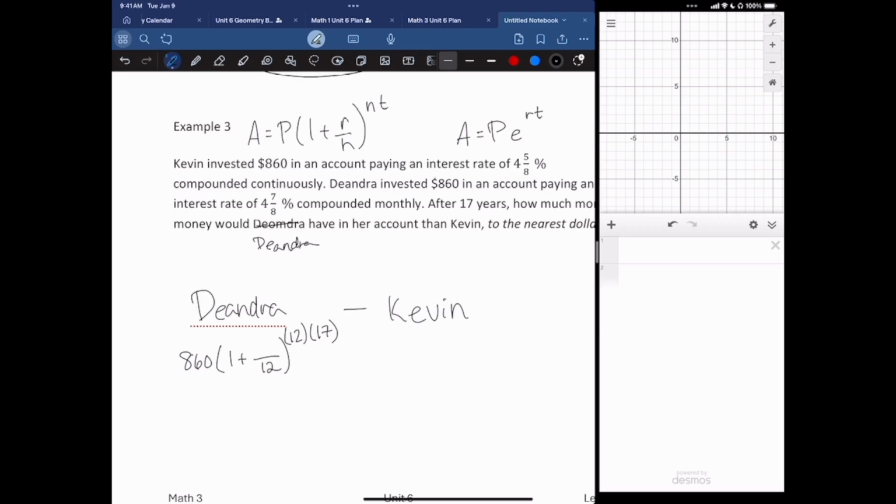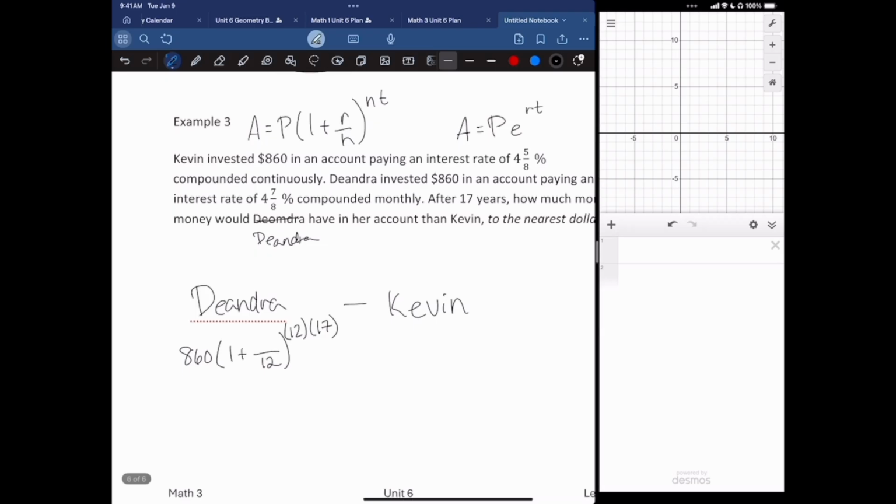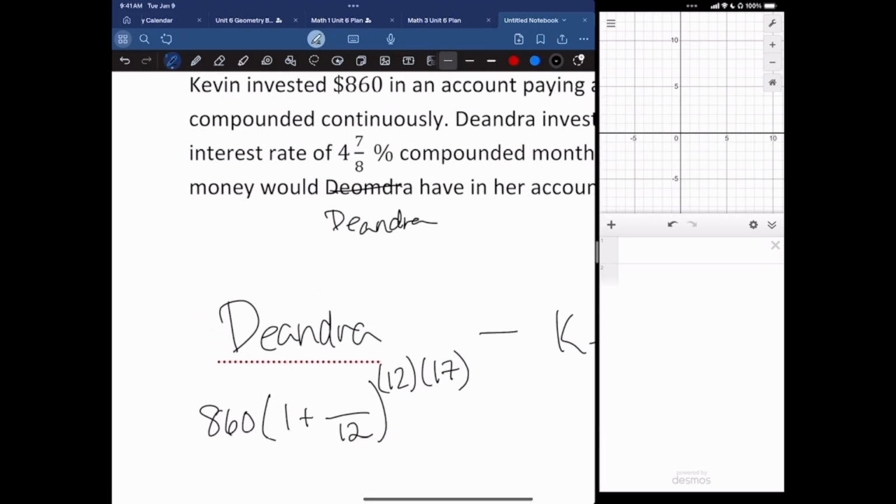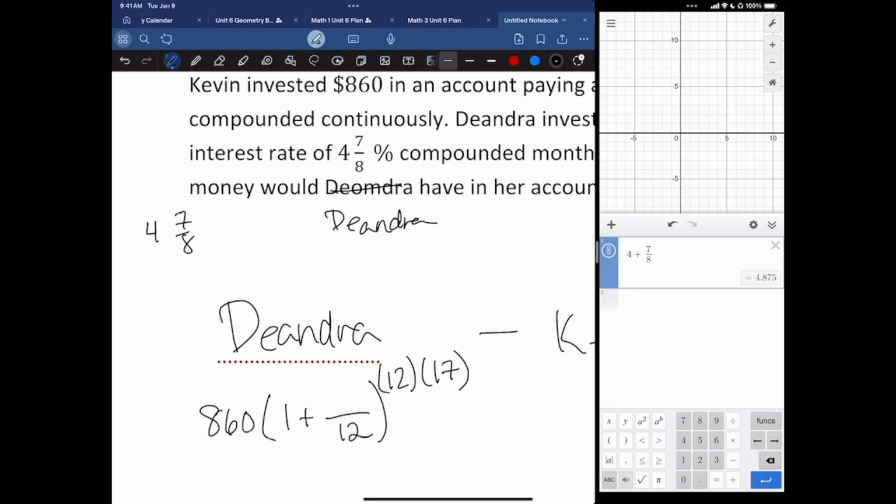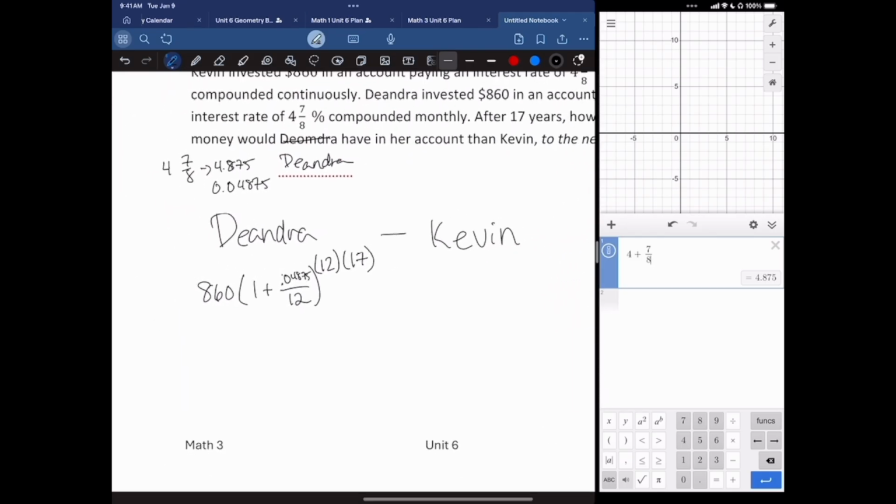My interest rate is in a fraction, so we need to convert that. For 4 7/8, I'm going to cheat a little bit and use my calculator: 4 plus 7/8 is 4.875%, or 0.04875. So there's our monthly compounded formula.